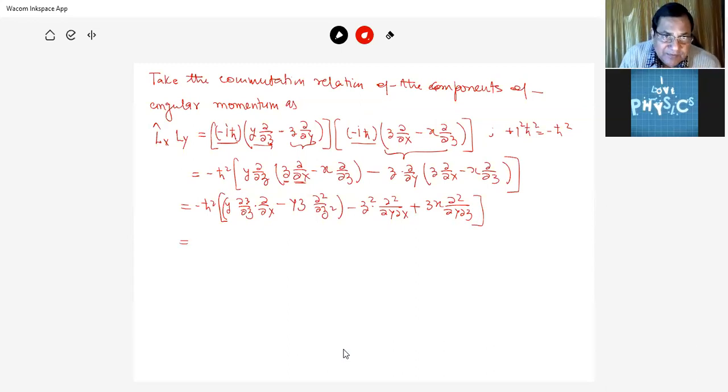So this factor is minus h cross squared, and del z by del z is 1. So y into del x, minus y del z del z squared, minus z squared del y del x, plus zx del squared del y del z.